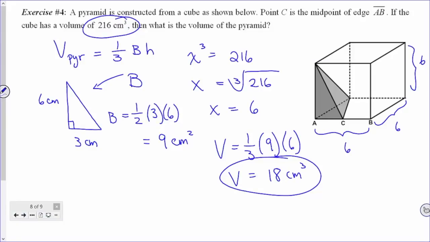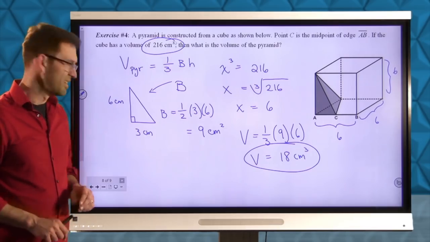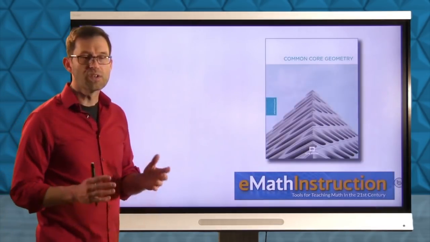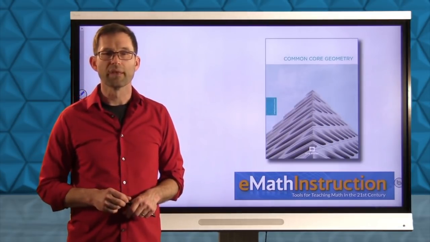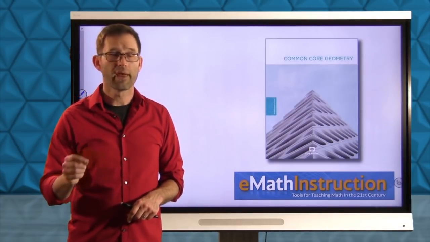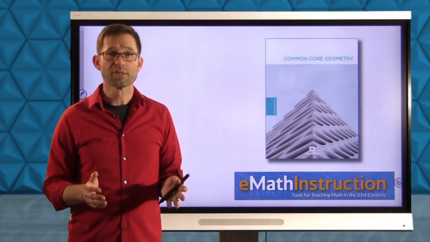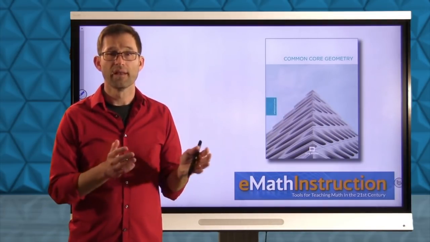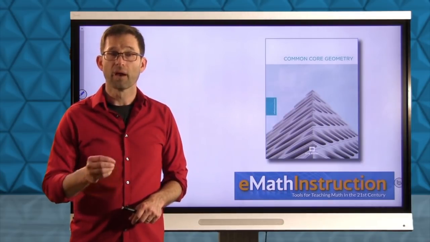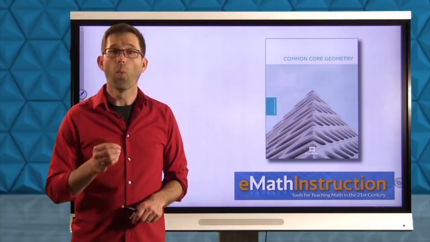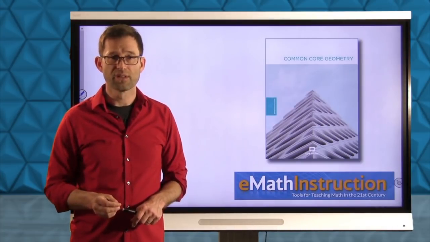All right, let's do it. So today what we did is we looked at how to calculate the volume, the amount of three-dimensional space that fits inside of both a pyramid and a cone. And it was very, very similar to the volume of prisms and cylinders, with one exception. Instead of simply doing the base area times the height, we now do 1/3 of the base area times the height.